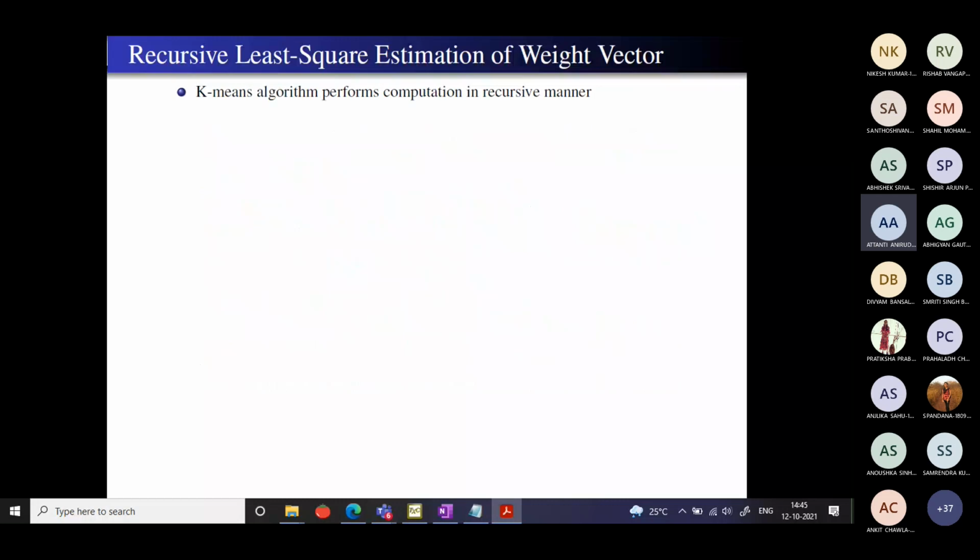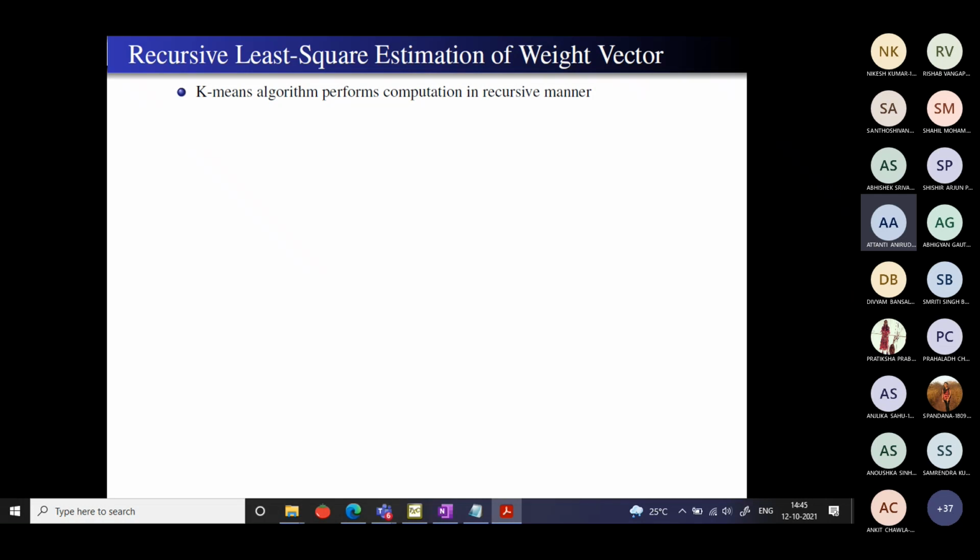Recursive least square estimation of weight. Why least square? As I told, that particular part from the hidden space to the output space is linear, and we have to estimate the weight in some statistical sense. The very rudimentary way of going about it is least square estimation: take the difference, square it, and find the least of it.